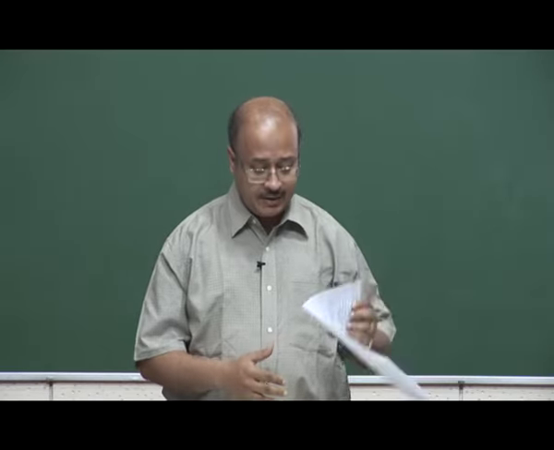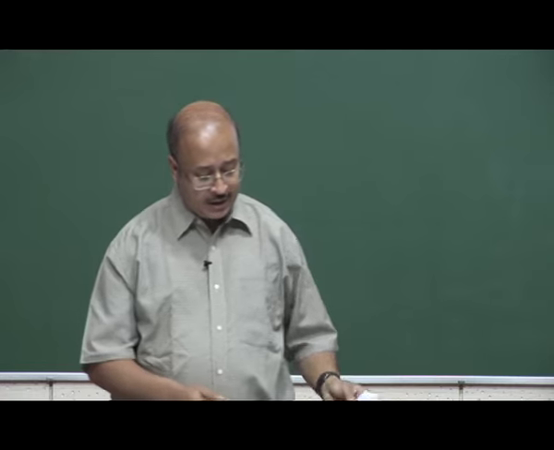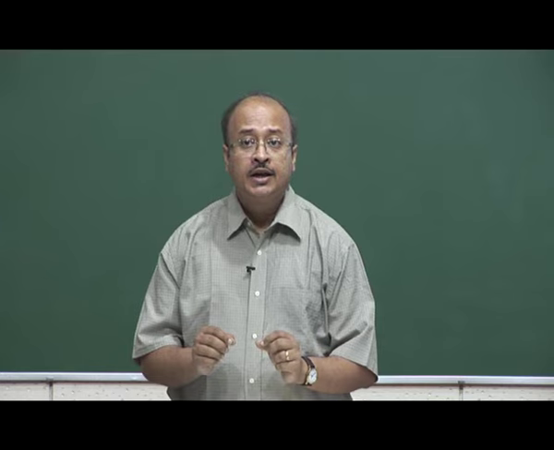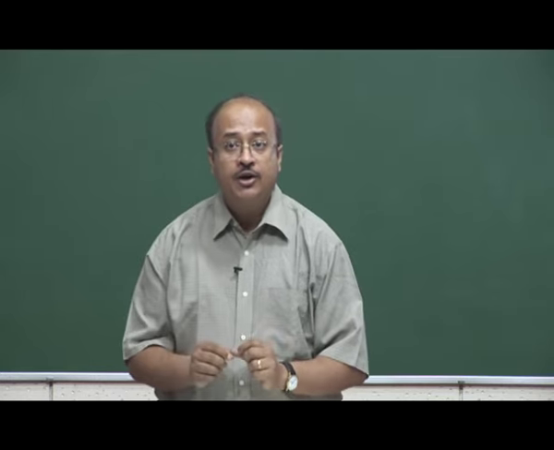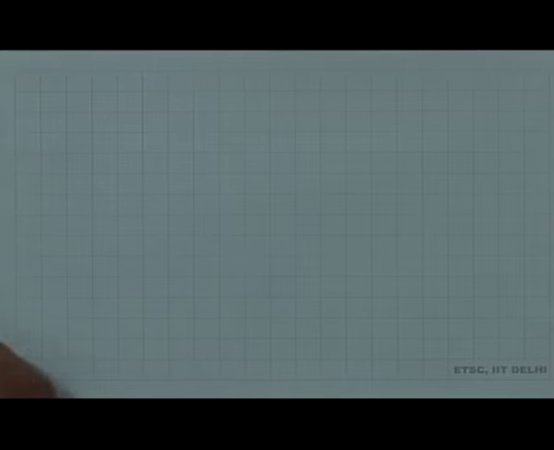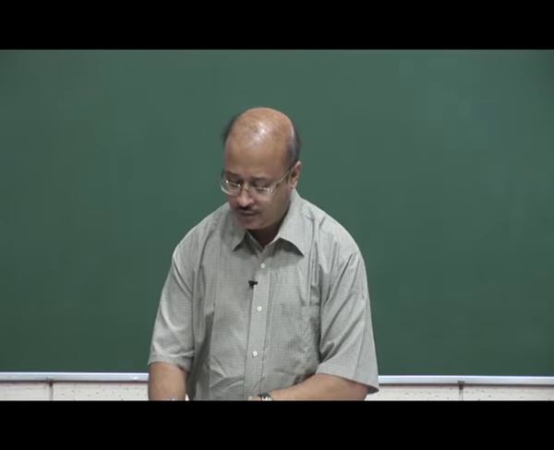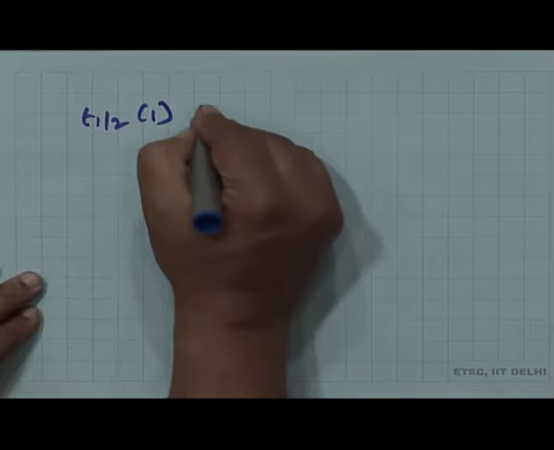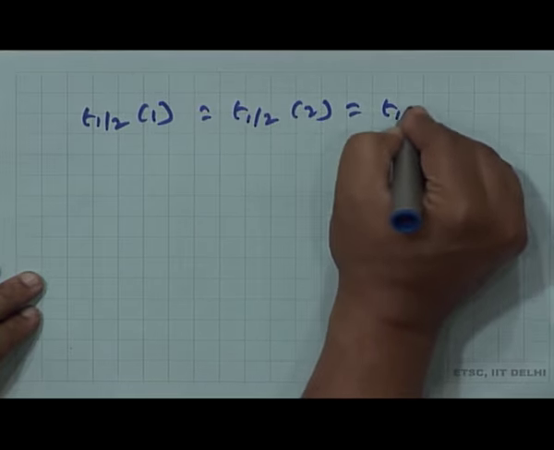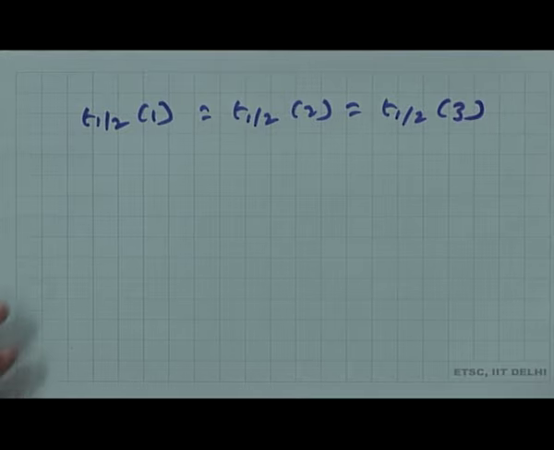So, what I mean is this, that if it has to be a preliminary check, I need to get something out of it. If you look at this, T half 1 is equal to T half 2 is equal to T half 3, right. If this happens, that means the half lives are all equal.